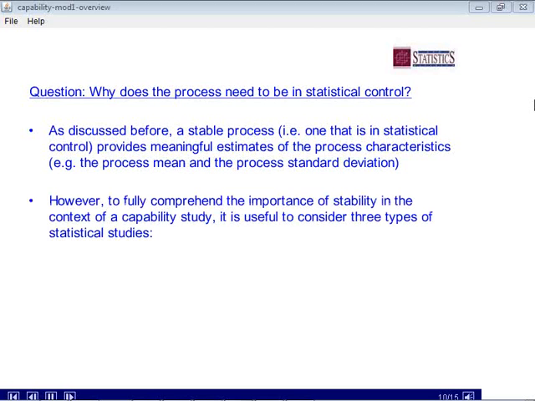However, to fully comprehend the importance of stability in the context of performing a capability study, it's important to consider three particular types of statistical studies. There are descriptive studies, there are iterative studies, and also what we call analytic studies. We're going to explore each of these in turn by way of an example.